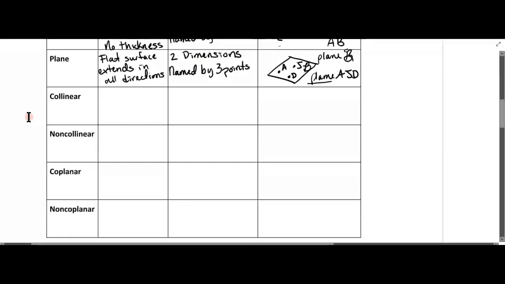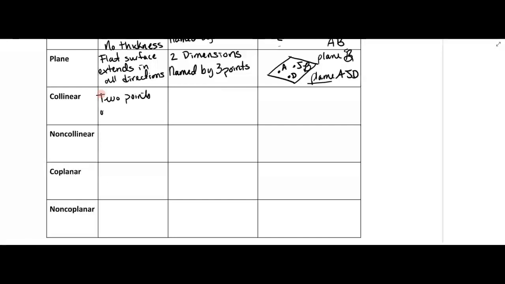Then we have collinear points. So these are types of points. Collinear points are any 2 points on the same line. Now, any 2 points can be collinear.